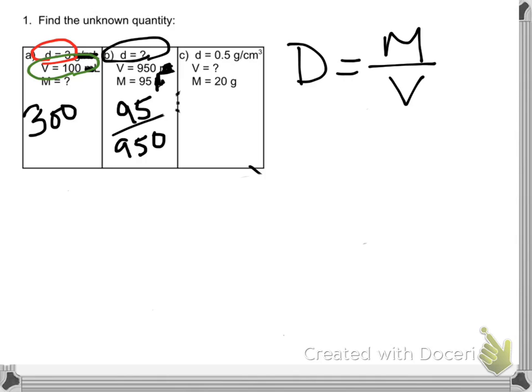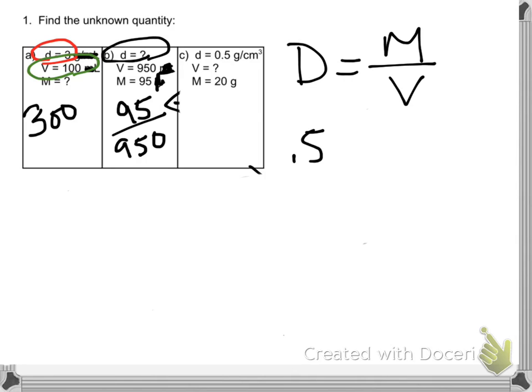Letter C. I've still got my density formula here, so I'm going to leave it there, and I'm going to input my values. So I know that my density is 0.5. I don't put zeros in front of my decimals. I don't like decimals to begin with.